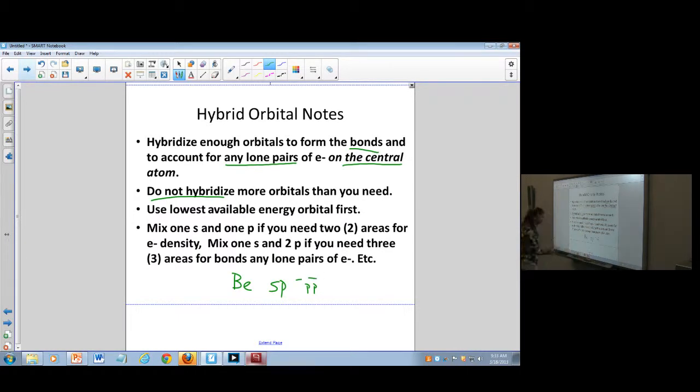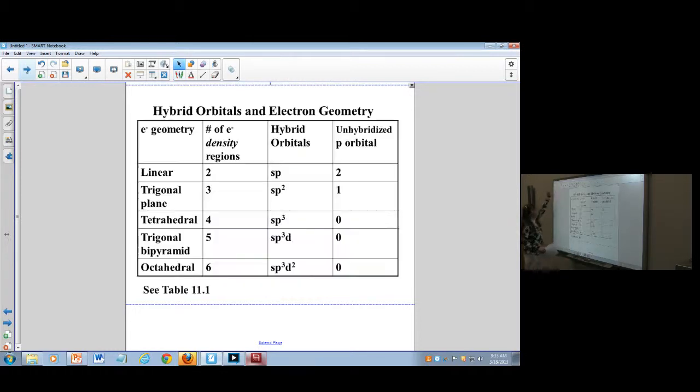All we needed was an s and a p to form two sp hybrids. So don't hybridize anything more than you need. For everything you need, you take one s and however many p's you need. If you need more than p's, then you take from the d's. And we'll look at some examples of that in a minute.